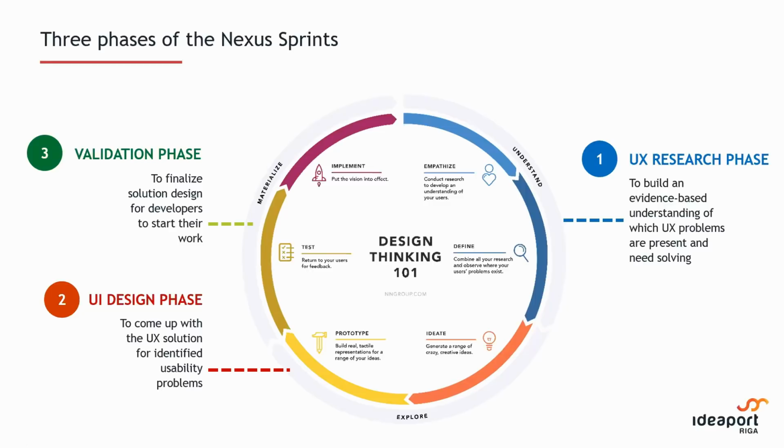Again, with Nexus applications, the research part really remains the same. So we still need to do the research, using the tools I will explain a bit later. But this UI design phase is significantly shortened, because instead of starting and figuring out what the layout could be, or how we could solve this problem or that problem, we already go to our design patterns, these low fidelity design patterns.